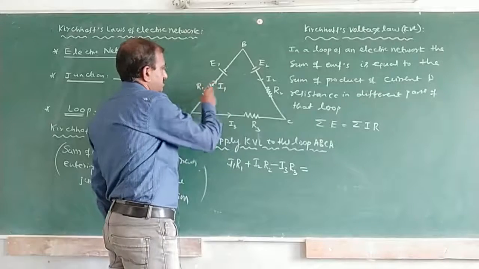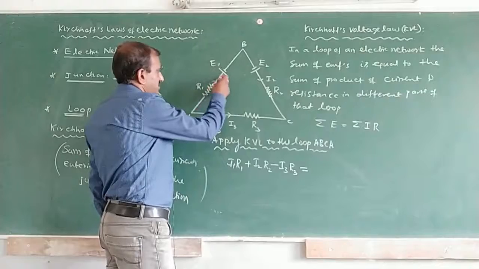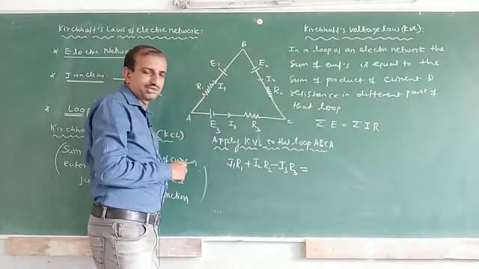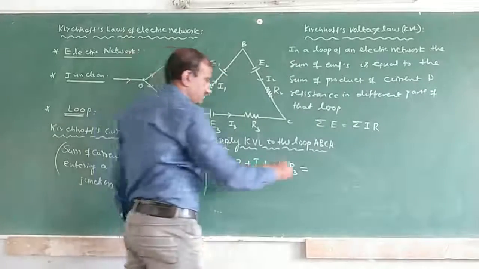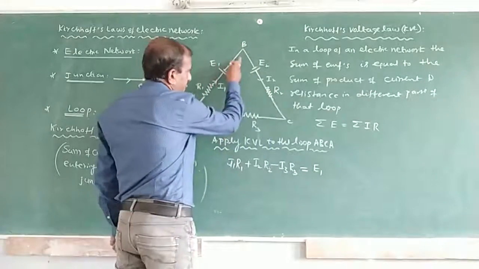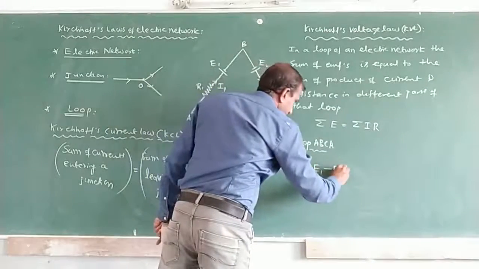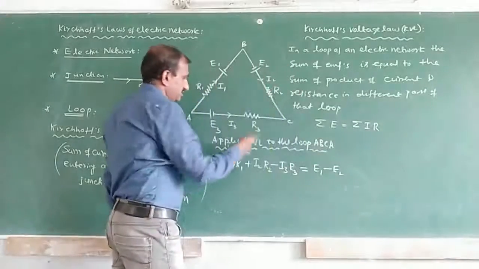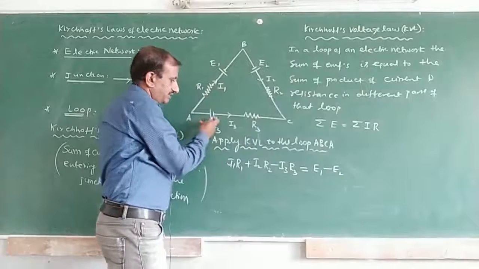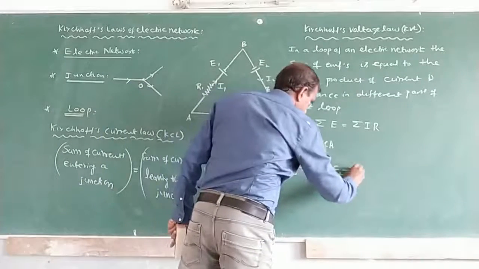While traveling from A to B, we first meet the positive terminal of EMF E1, so E1 is positive. From B to C we meet the negative terminal, so EMF E2 is negative. From C to A we again meet the negative terminal of E3, so E3 is minus.